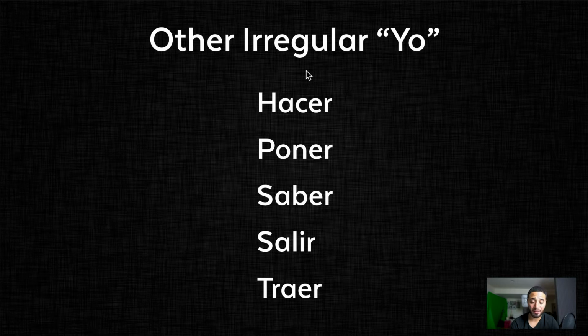We have hacer, remember, hago, but everything else is hace, haces, hacemos, hacen. We have poner, saber, salir, traer. So those are other irregular yo verbs. They're only irregular in the yo form. They follow the regular conjugation for all the other forms.